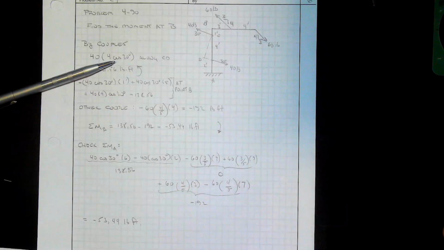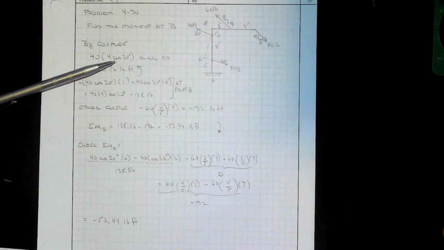Minus 192. Okay, here we go. So we have 60 pounds. Let's just look at this distance across here.